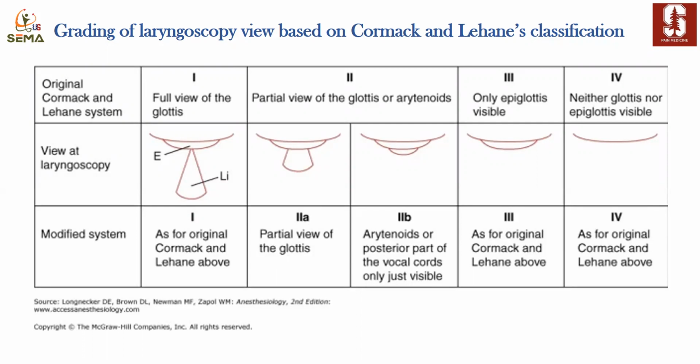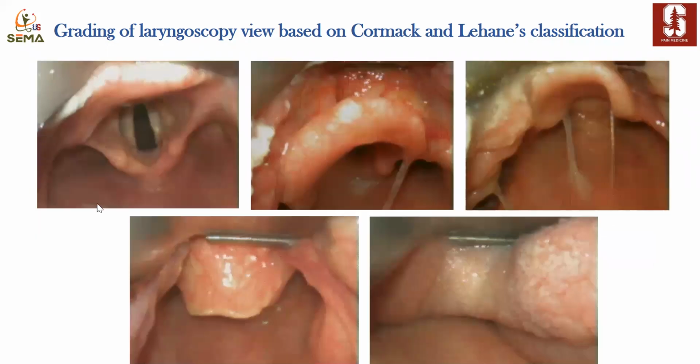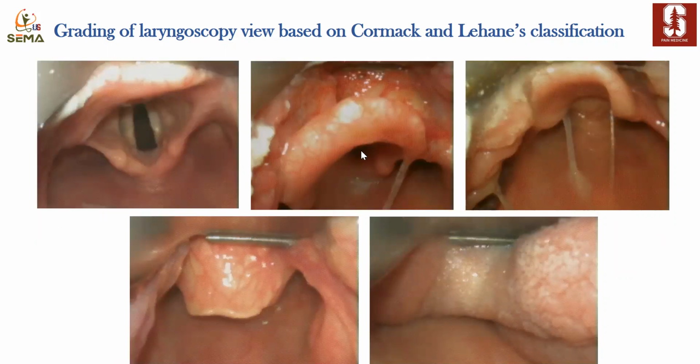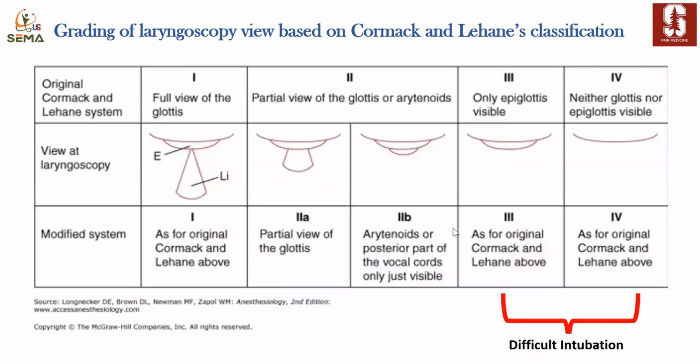So grade 1, you have a full view of the glottis. You see the glottis, the vocal cords, everything looks nice and clear. Then grade 2A, a partial view of the glottis. You still can see the vocal cords, but not the whole vocal cords. Then grade 2B, you see only the arytenoids or the posterior part of the vocal cords.